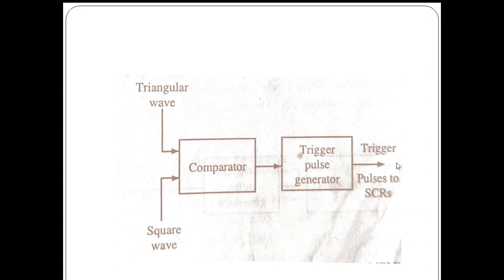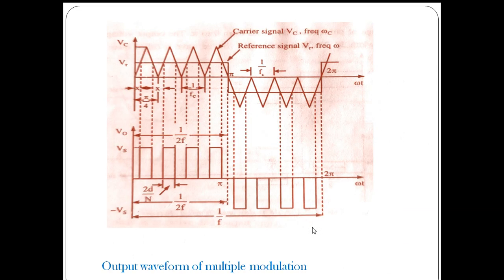We are going to see this in waveforms in detail. So these are the waveforms. On the x-axis we are taking time as the reference, and on the y-axis we are taking voltages. This square wave will be the output of the single phase full bridge, which is in the form of a square wave, and this is the reference signal.